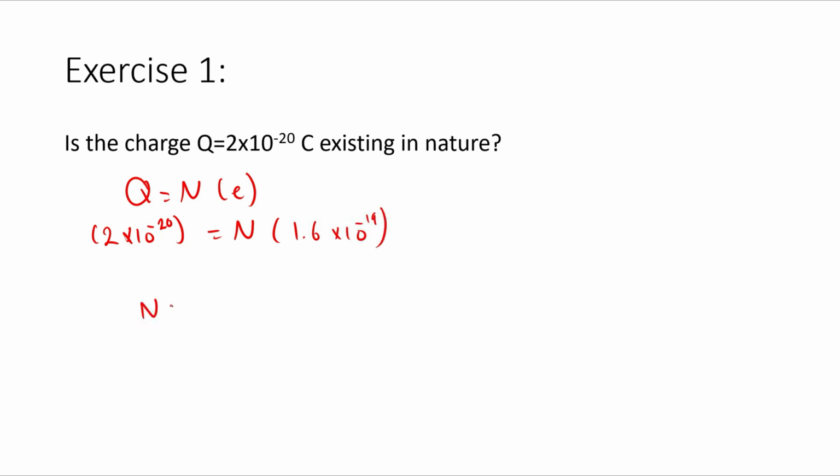So n is equal to, dividing both sides by 1.6 times 10 to the power of negative 19, we get for n 0.125.